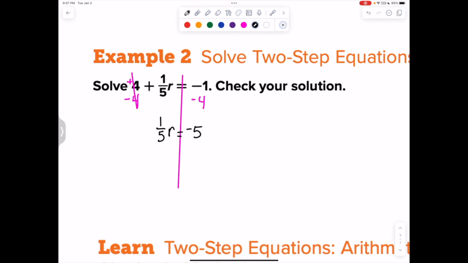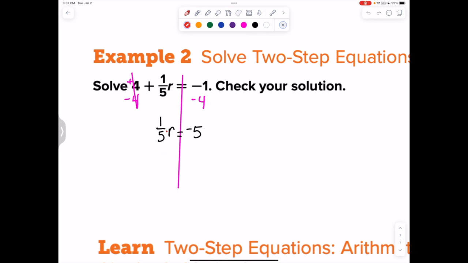Okay. All right, now for this part, we have to go back to some other rules we know. So I have a 1/5 times r. Opposite is division, right? But I don't divide fractions, right? What do we do instead of dividing by fractions? Say it if you know it. Multiply by the reciprocal. If you said that, you are awesome. Here's where you're going to do that, though. You're not going to write it right here.